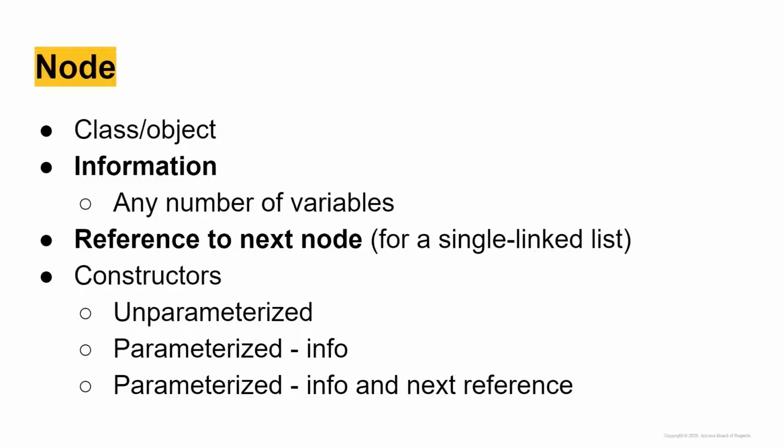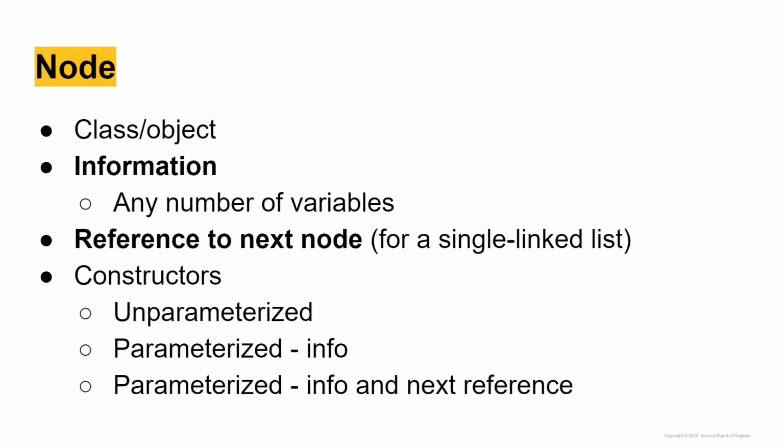Okay, so those are the two main parts of a node. Now we need to talk about how to actually construct the node. As with any class in Java, we need to have constructors for that class to tell the compiler how to make an object of that class. You can pick and choose what you want to use; there aren't any super hard and fast rules.